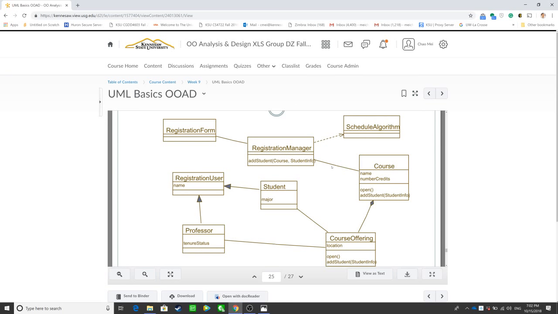But when we are actually running the system, like here, the registration manager, maybe we do not have any student or any professor in the system. It's just a new school that just started. We just have a registration manager, using the scheduling algorithm, maybe preparing for the start of the school. At that moment, we may not have any student, professor, or even any course. But the classes are there.